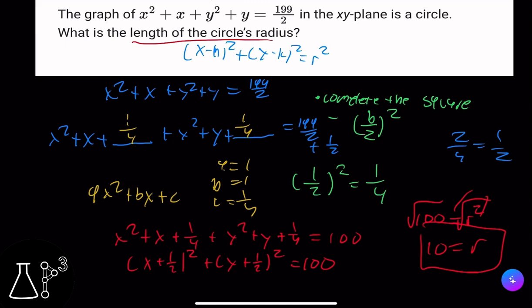We already had it over here, but I want to show you guys how to simplify the actual full equation into the circle equation, so you can understand how to do it. And if you expand x plus 1/2 squared, I'll get x plus 1/2 multiplied by x plus 1/2.